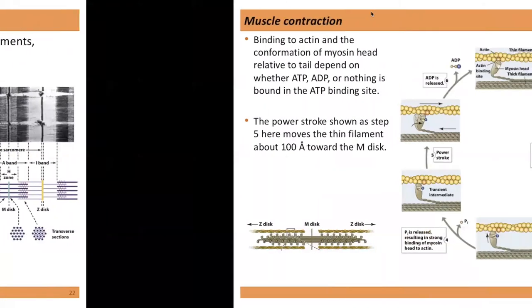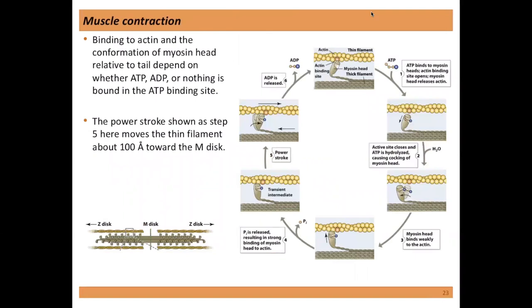And so let's see how that occurs. This is in your book, and I'll just quickly walk through. Essentially, you get this interaction between the myosin head and actin. Here's the thick filament. This myosin head sticks out of that thick filament and will interact with actin. And as we said, in this head group there is an ATP binding site. So the ATP will bind to the myosin head, and it opens up this binding site, so the myosin head doesn't really interact with the actin anymore.